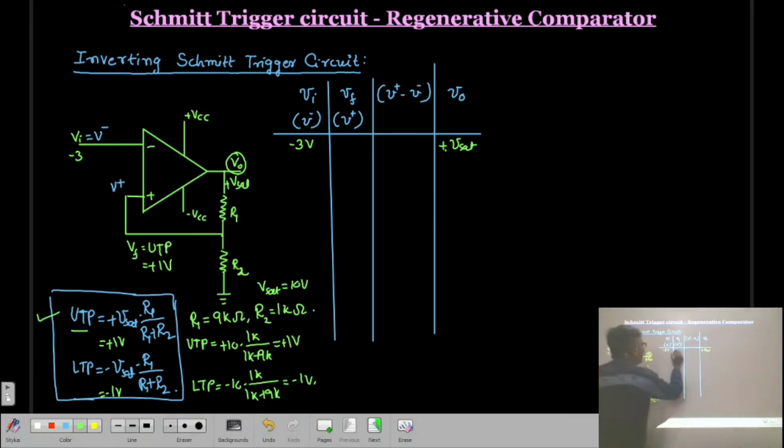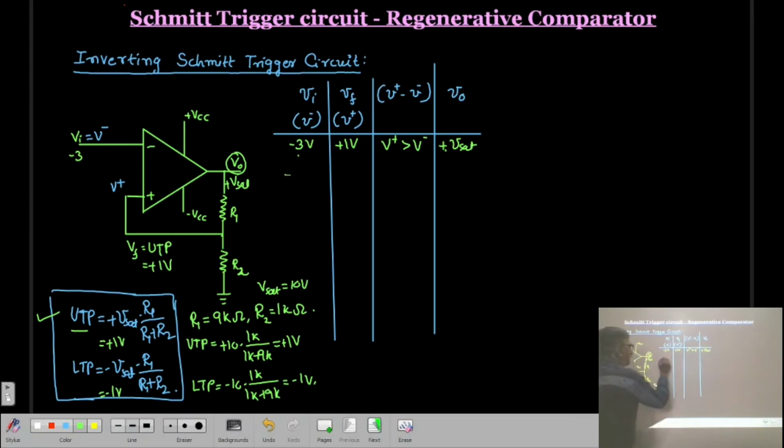So my feedback voltage is plus 1 volt. And here you can see that V plus is greater than V minus, and this ensures that the output voltage is always positive. So this is true in this condition.